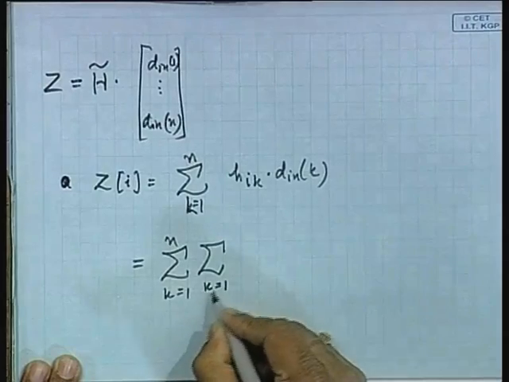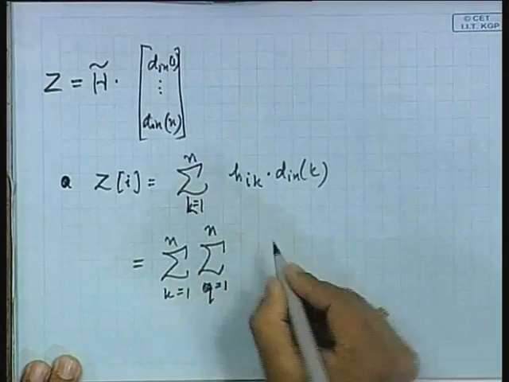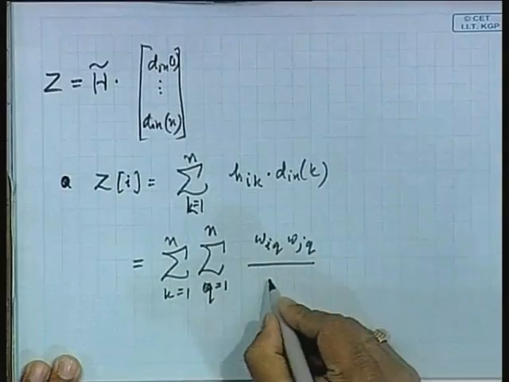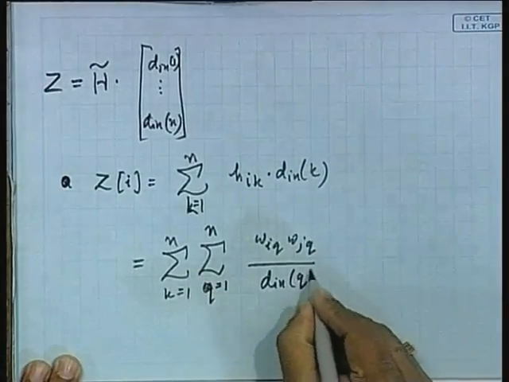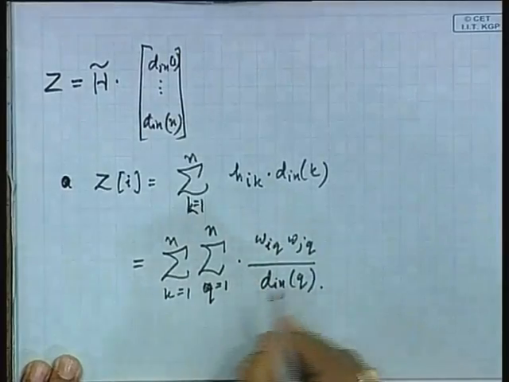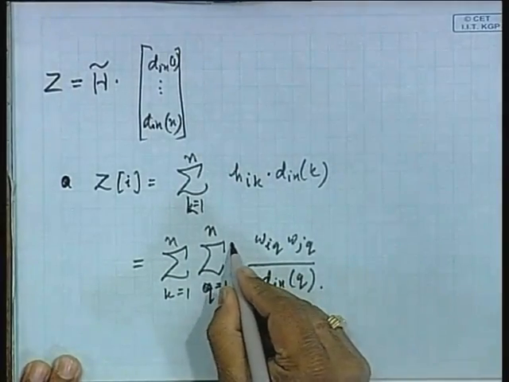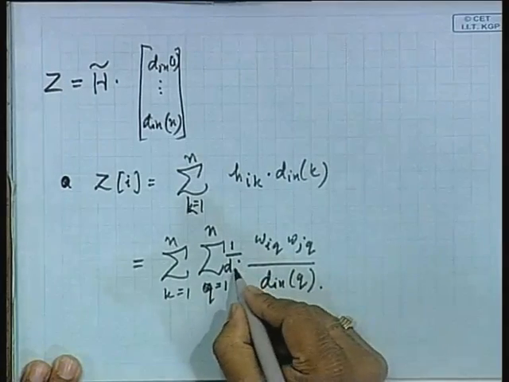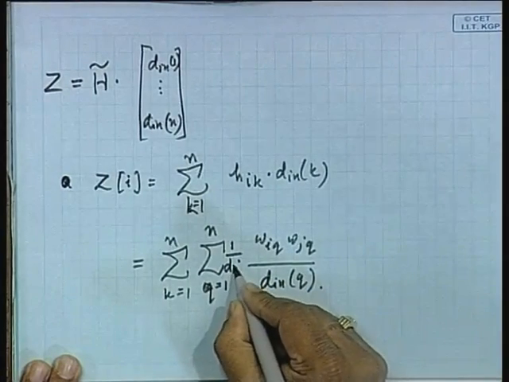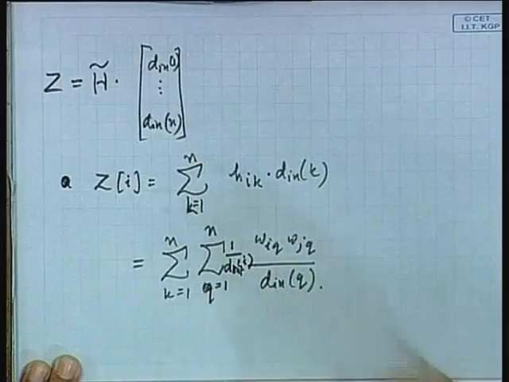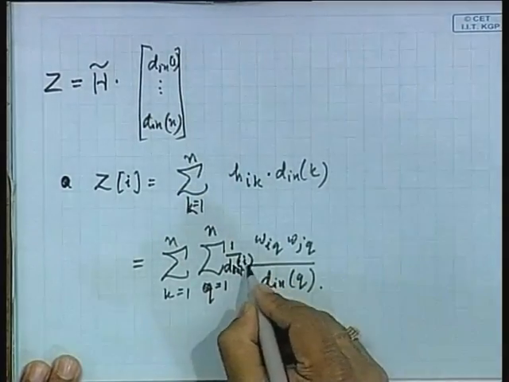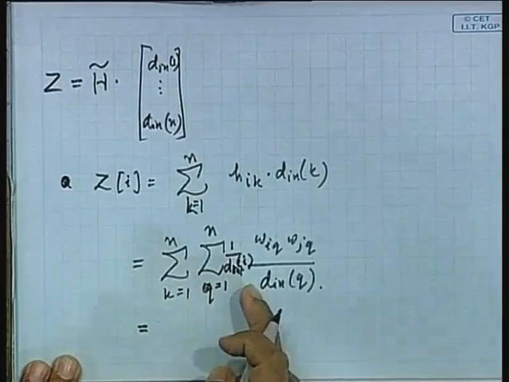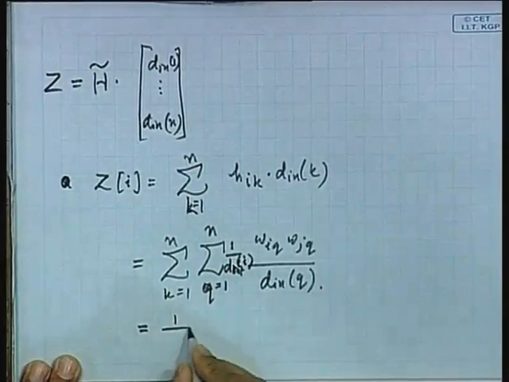So, let me rename it as Q, and you have a constant term which is 1 by d out degree of I. So, the out degree of I comes out directly.